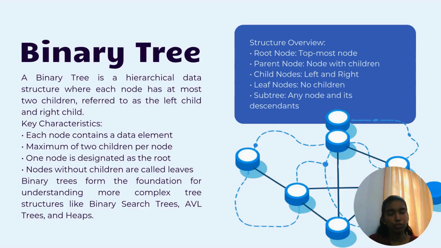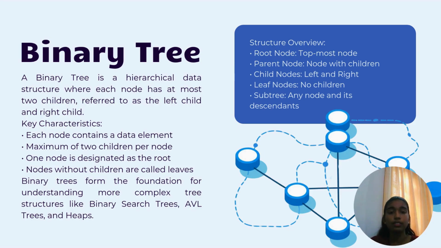Now let's move to binary trees. A binary tree is a special type of tree where each node can have a maximum of two children. These are called the left child and the right child. Binary trees are one of the most important structures in data structures and algorithms. Here are some key characteristics. Each node stores data.